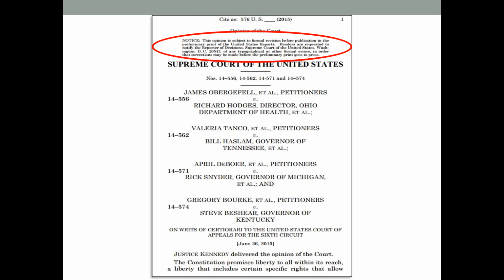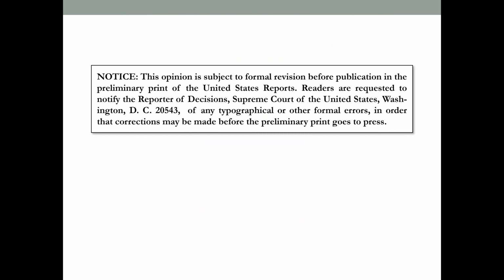Now, here's another notice, similar to the note about syllabi that we saw at the top of the bench opinion earlier. I want to blow it up so it's easier to read, because I want to make a couple of points about what the editors here are telling us.